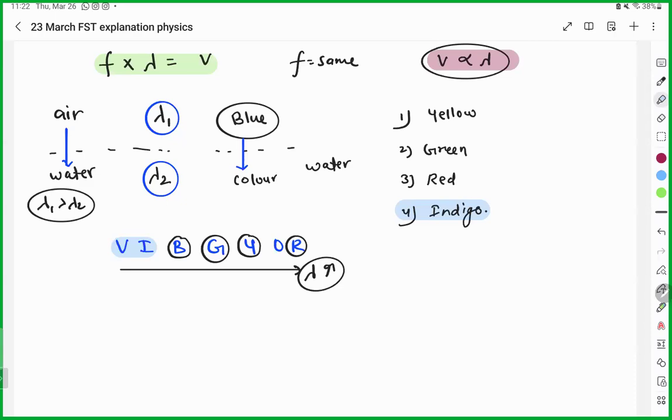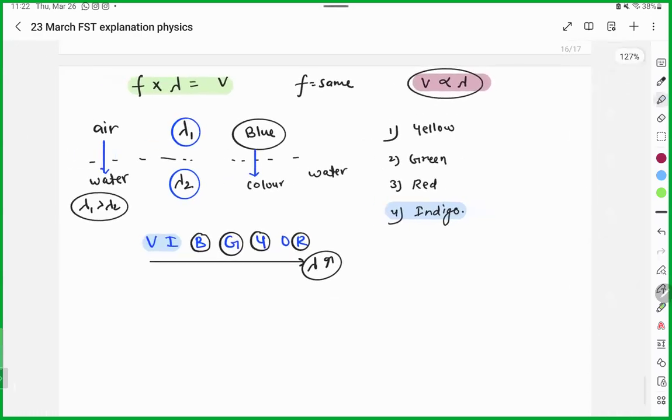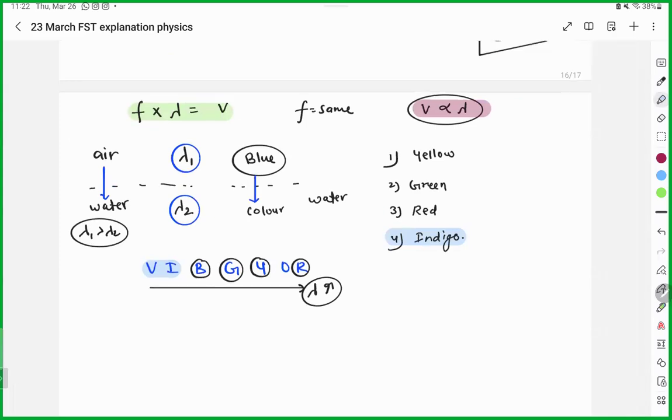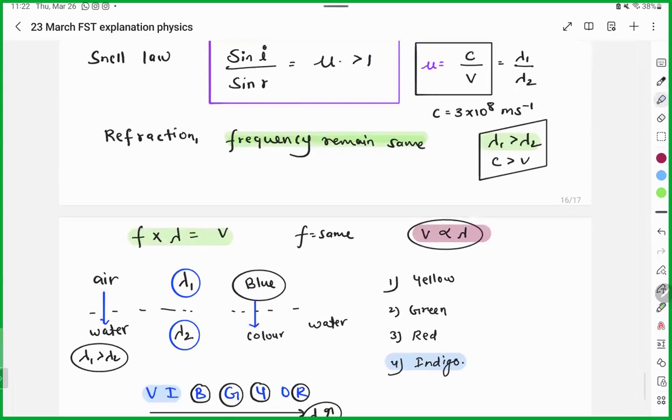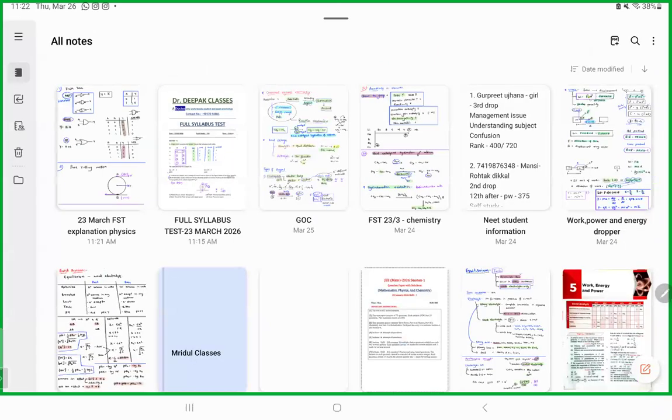Answer will be yellow, the only option with increasing wavelength. Understood well? Any doubt? No, sir. Very good. If you understood all these concepts, then we can solve the questions.